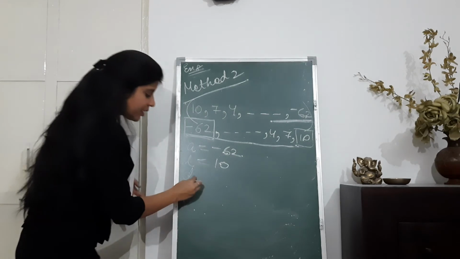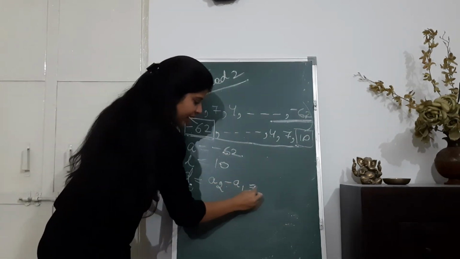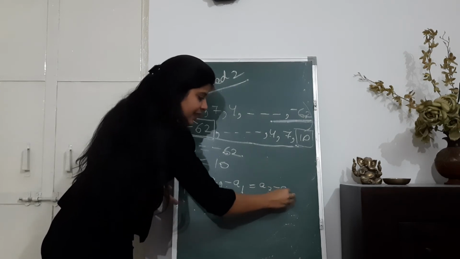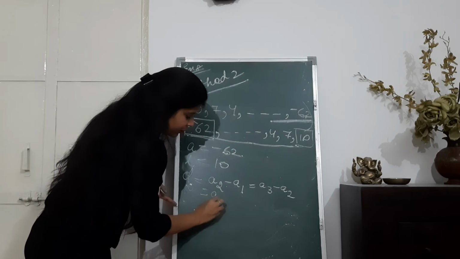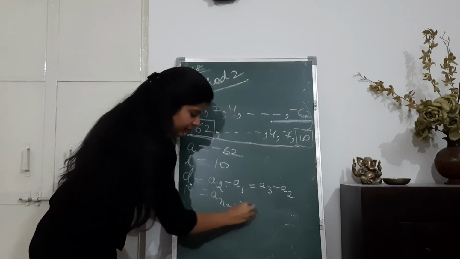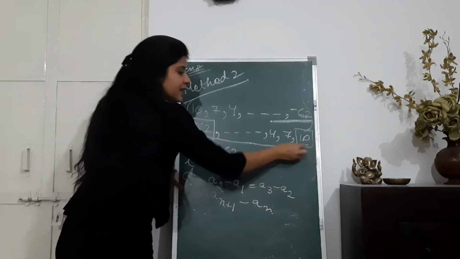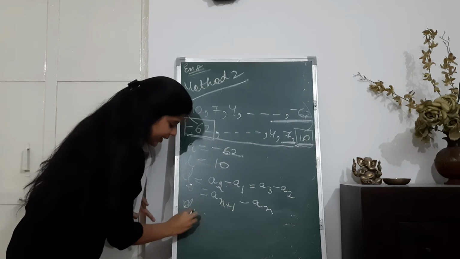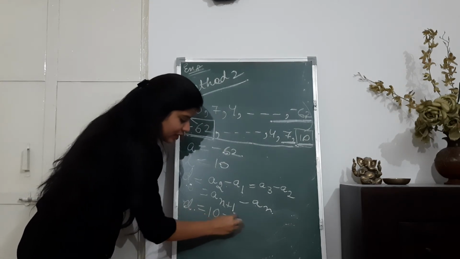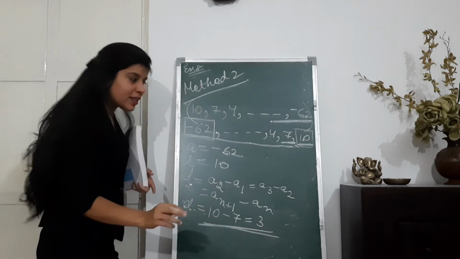Always remember, common difference is what? A2 minus A1 or A3 minus A2. So in a general way, can I write it as A(n+1) minus A(n)? Okay. So if this is the last term and this is the other term, can I write the common difference as 10 minus 7, which is equal to 3 for this case?